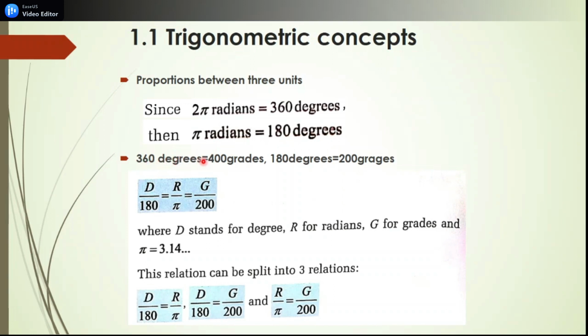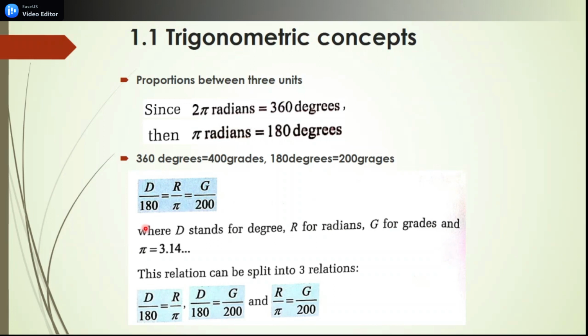360 degrees corresponds to 400 grades, as 180 degrees corresponds to 200 grades. So when you combine all 3 units, it can be written as degree over 180 is equal to radian, r representing radian, over pi, equal to grade over 200.